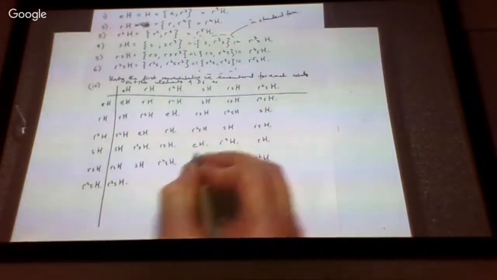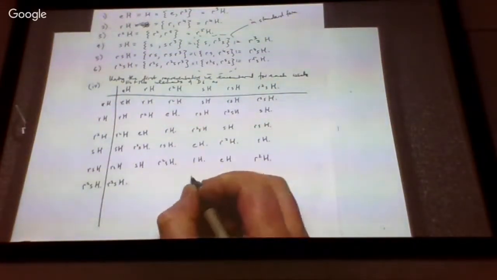So I'm just popping around now using the last one standing rule.